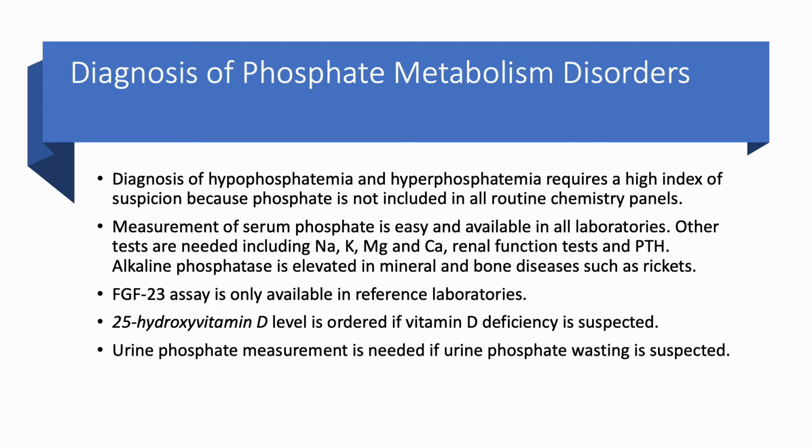Now, if you need to order FGF23 assay, then you have to send that out to a reference laboratory. Usually we don't need urine phosphate unless we are suspecting renal phosphate wasting, therefore you don't order it in case of hyperphosphatemia.